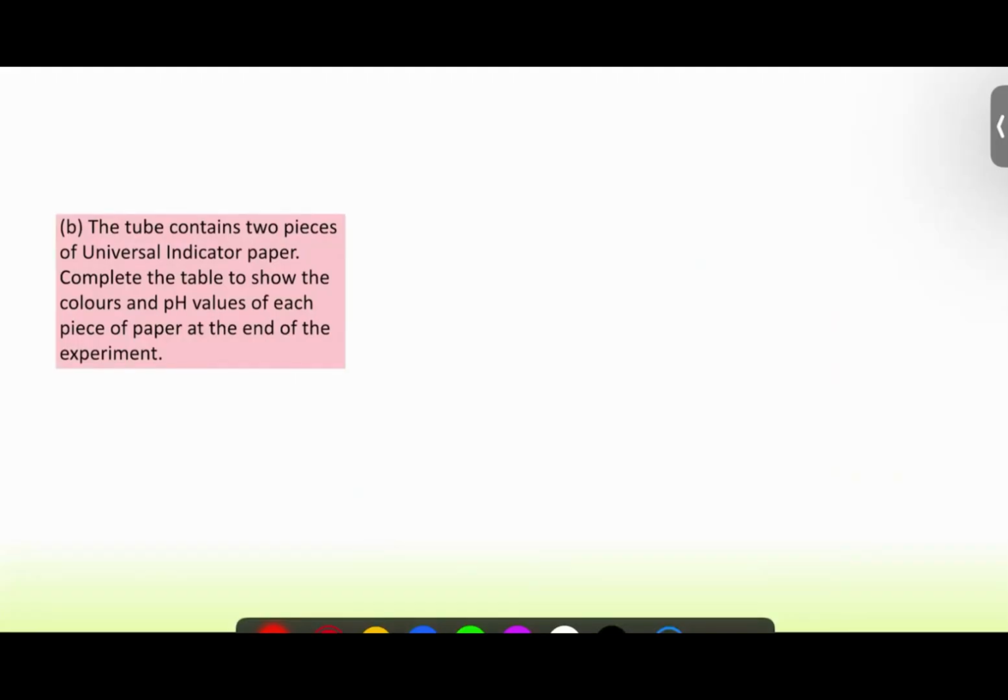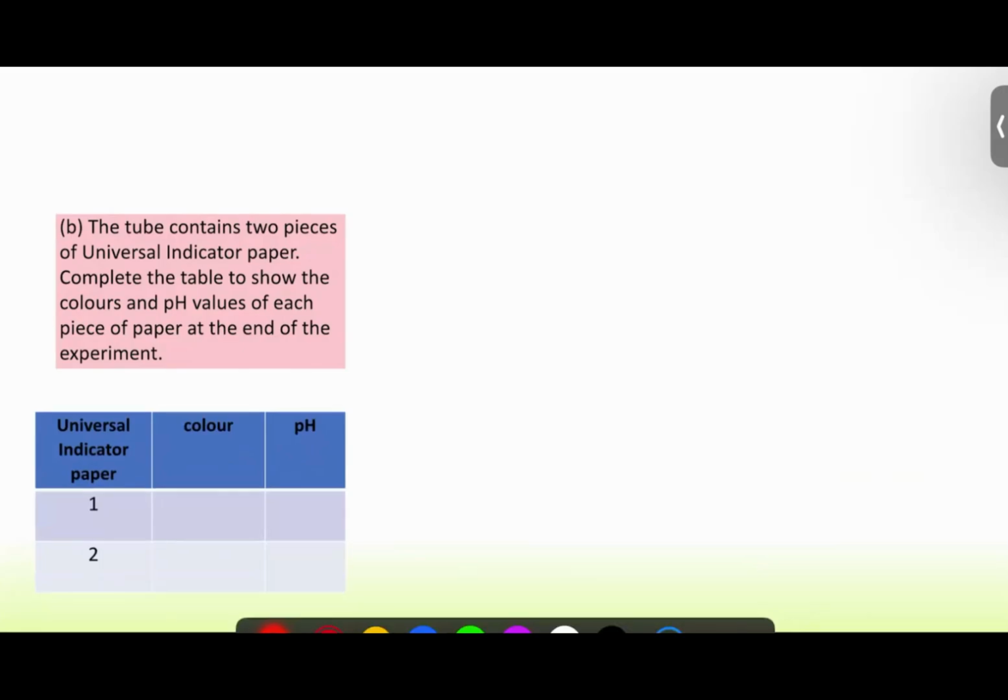Complete the table below to show the color and pH value of each of the papers at the end of the experiment. For universal indicator paper 1, the color is purple because of a pH value of 12. The one on the right side, the color is red and the pH is 2, due to the concentrated ammonia solution and the concentrated hydrochloric acid.